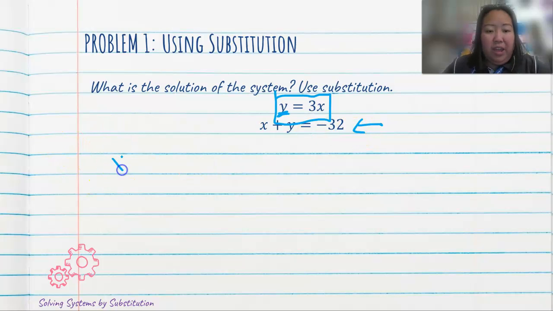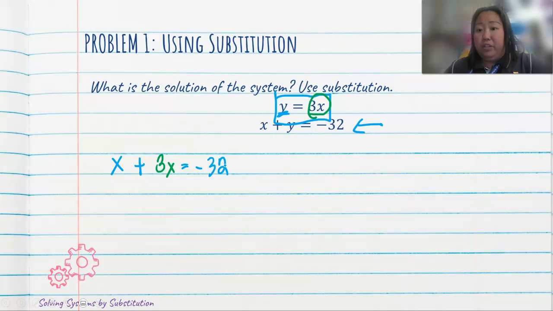So you will have x plus, all right, this y, we will replace that by the expression 3x, okay, because y is equal to 3x. So y is just the same as 3x. And so this y over here, we will change it to become 3x, all right? And then we continue with our expression equals negative 32.